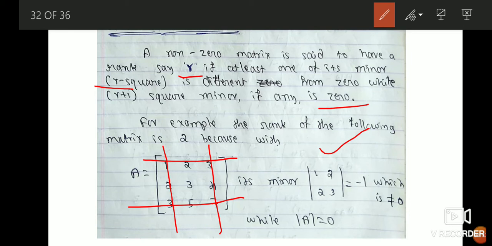So it is not equal to 0, while the determinant is equal to 0. That is the one condition, the determinant equal to 0, that is a singular matrix, and the minor is not 0. So we call 2 the rank of the matrix.